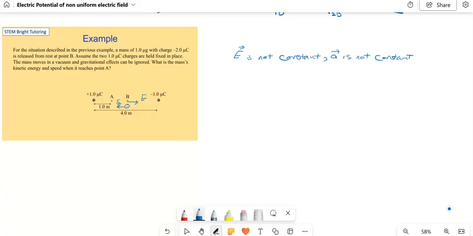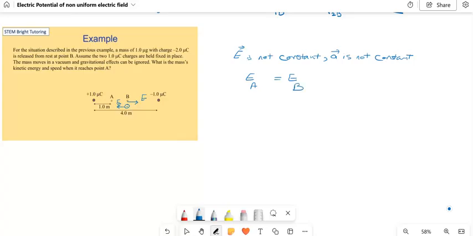Because of that, we cannot use the kinematic equations of motion with constant acceleration. What we're going to do is calculate the kinetic energy and the speed of this object by considering the conservation of mechanical energy. So the mechanical energy at point A is equal to the mechanical energy at point B.